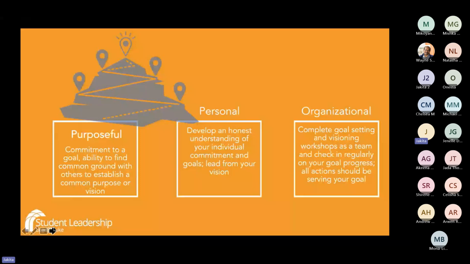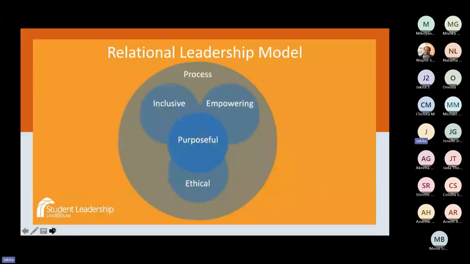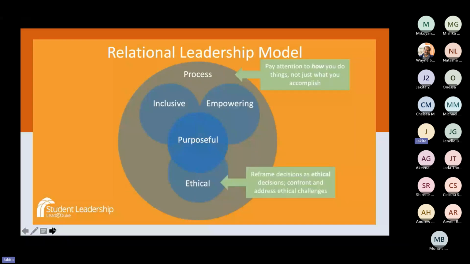Some short key takeaways about relational leadership. First, and perhaps most important, pay attention to how you do things, not just what you accomplish. This matters much more than you think. Reframe your decisions as ethical decisions to better help you examine the ethical implications of your options and confront and address ethical challenges your group sees.